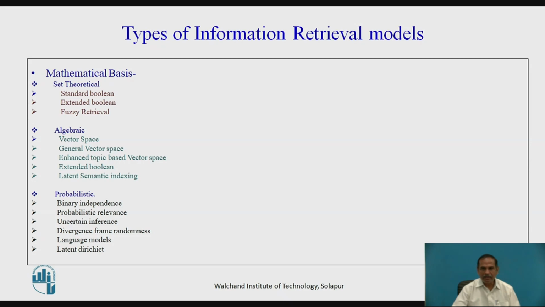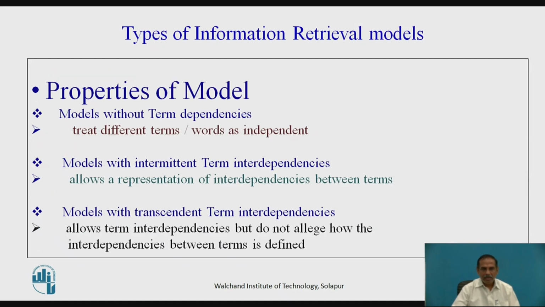Then we have the probabilistic models, which are binary independence, probabilistic relevance, uncertain inference, divergence from randomness, language models and the latent Dirichlet.